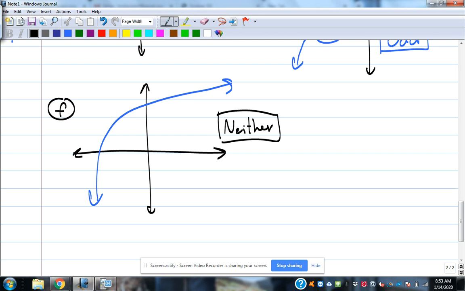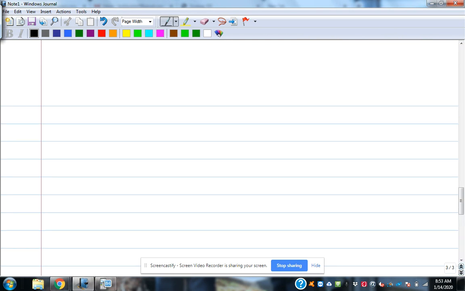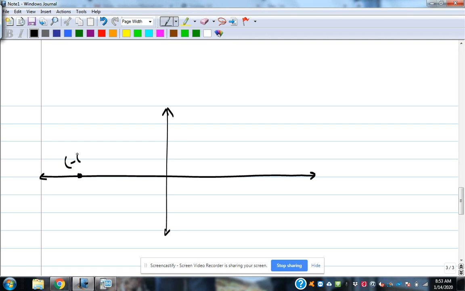All right. Now, the next one, we're going to sketch a graph, and you don't have to have tick marks or anything on your axes. I'm going to label the points that you've got here. So this is the point (-6, 0), and then this point down here is (-4, -3).